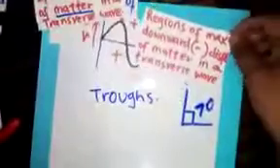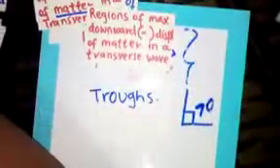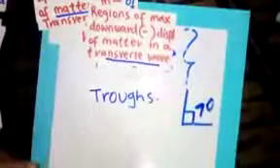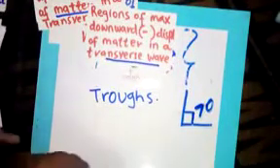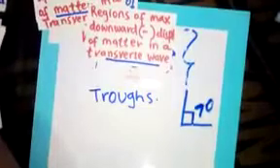The region of maximum downward displacement of matter in a transverse wave is called trough.